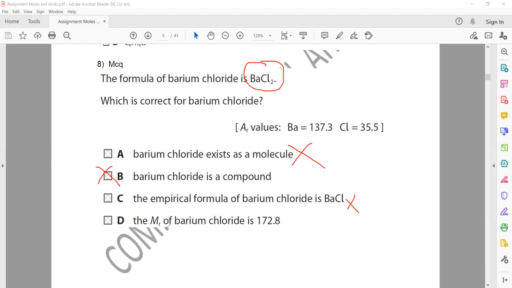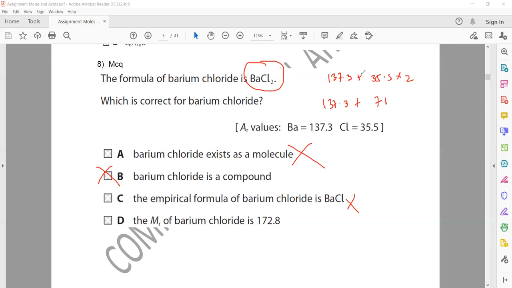So the empirical formula should be BaCl2. The relative molecular mass of barium chloride is 172.8. So when we work out, barium is 137.3 plus chlorine is 35.5 multiplied by 2, that's 71.